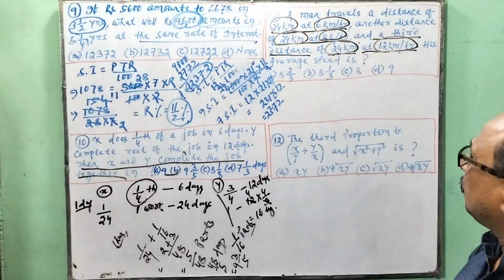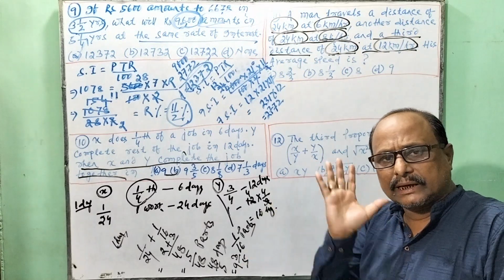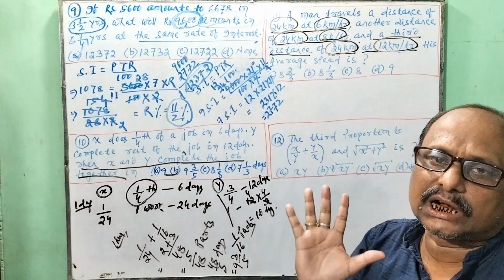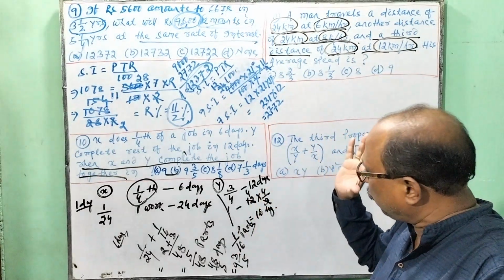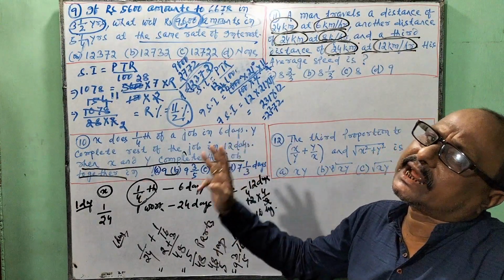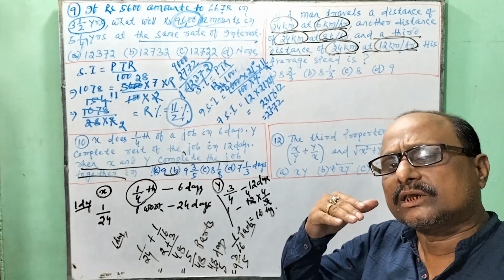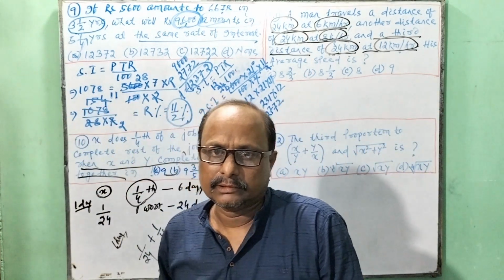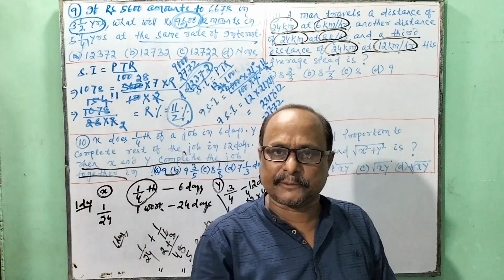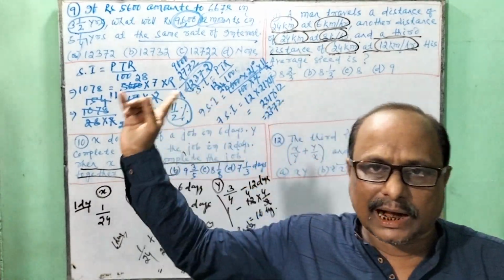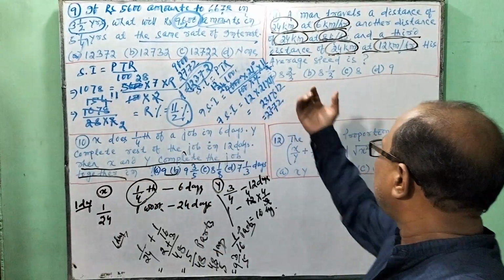For this math, I have given the shortcut formula before: when 3 equal distances are covered by a body with different speeds, how to find the average speed? Once again, I give the formula.